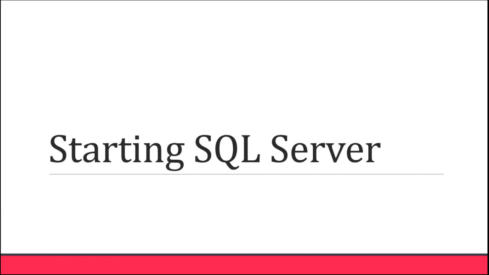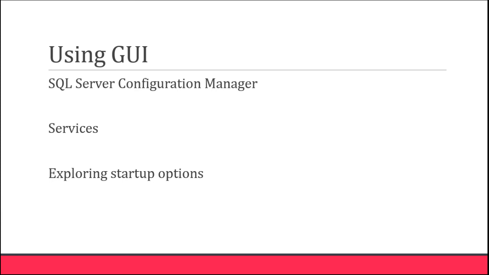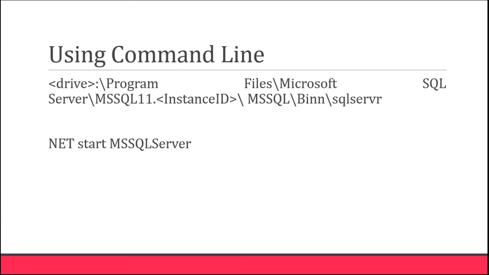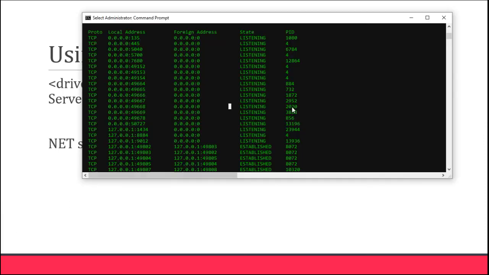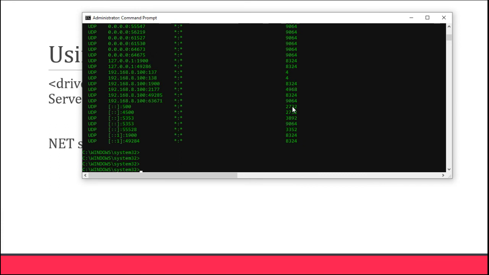All right. So there are other aspects of this study. Starting SQL Server options. You can use the command line, net start SQL Server. We'll just demonstrate that quickly in this session. I still have my session here, so I can just do net stop MS SQL Server.